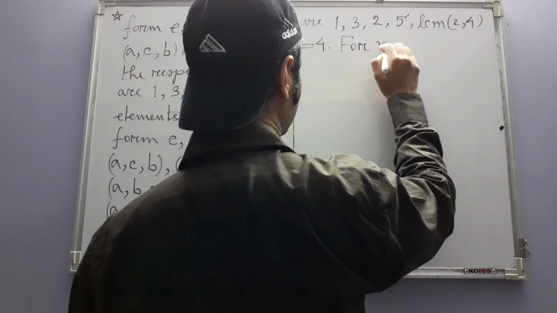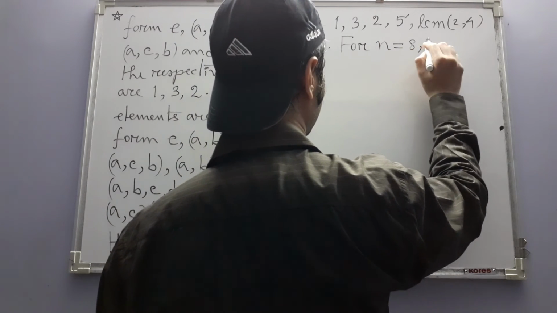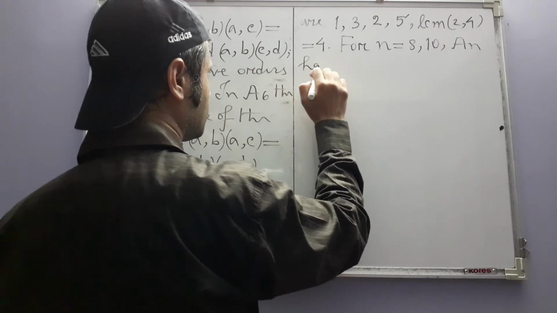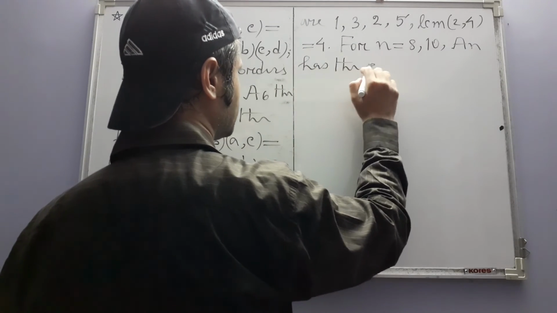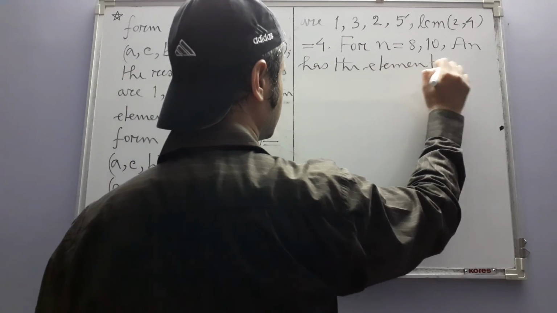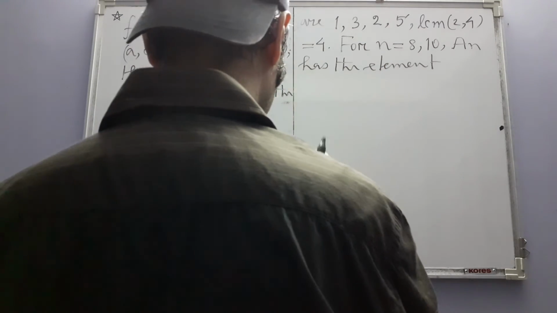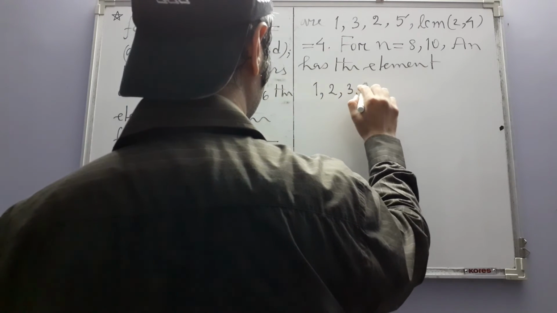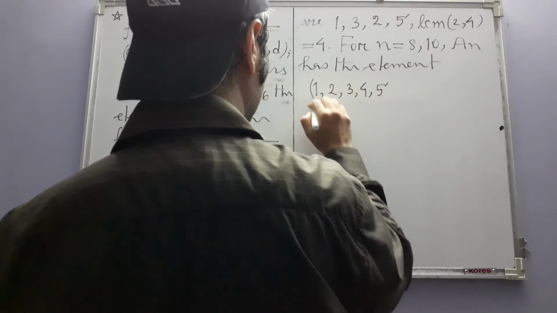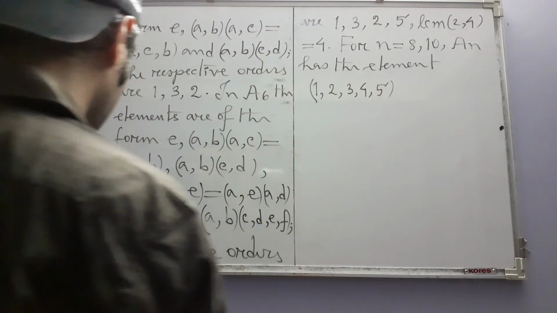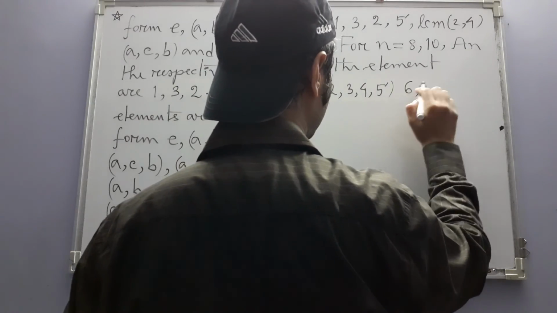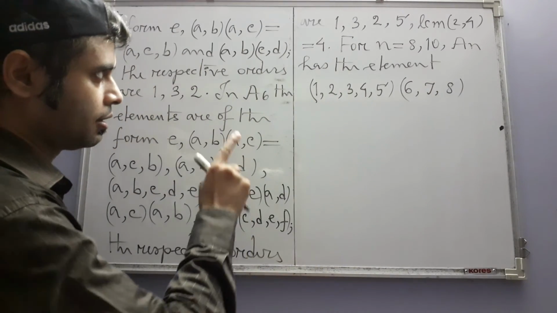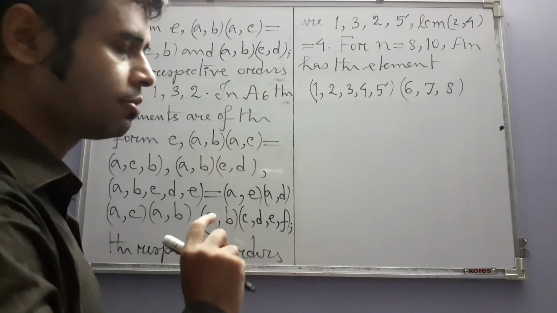First, for n equal to 8 and 10, An in each case has this element. This 5 cycle multiplied with this 3 cycle. You see, when n is 8, then of course you have 8 symbols.